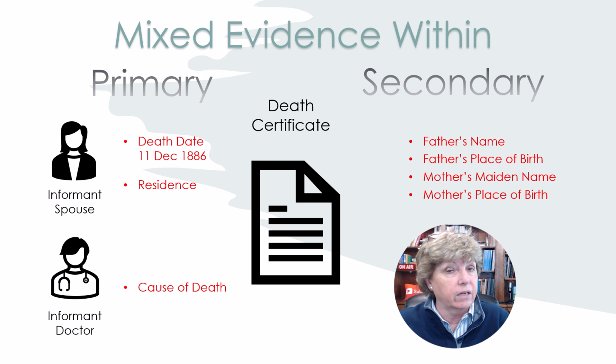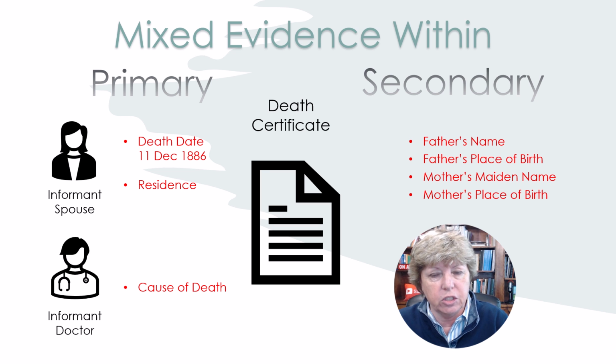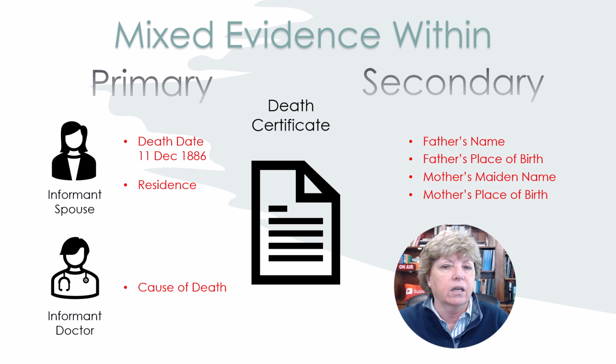Okay. Secondary information within that same death certificate would be the father's name of the person who died, the mother's maiden name, the father's place of birth, and the mother's place of birth. So all of those details, while the wife might have had really good knowledge of this information, are still considered secondary information within the death certificate.